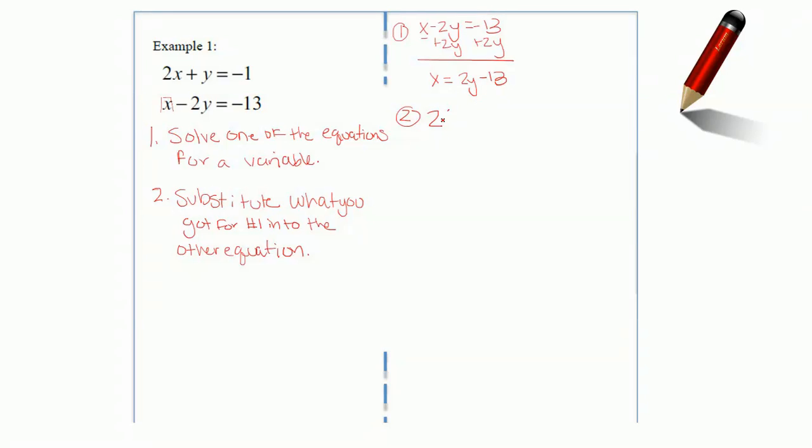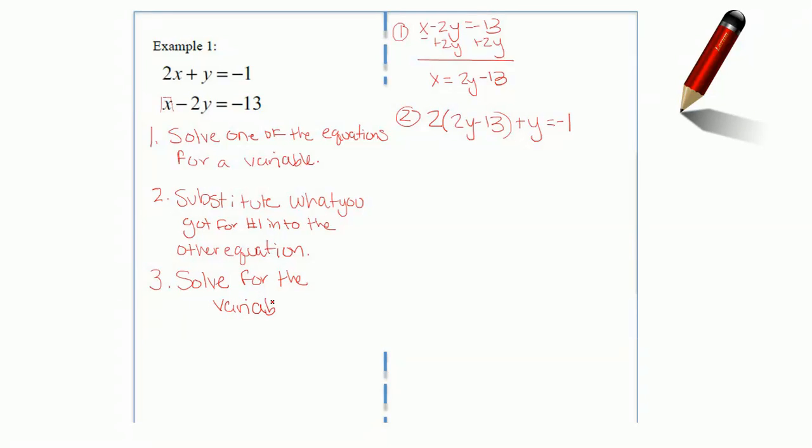We're going to put 2y minus 13 in his place. Why are we doing that, you're asking? And then I'm going to write the rest of the equation. Notice now I have an equation only with y's. This is going to make my job a lot easier, and now I can actually solve. So, my third step here is I'm now going to solve for the variable.